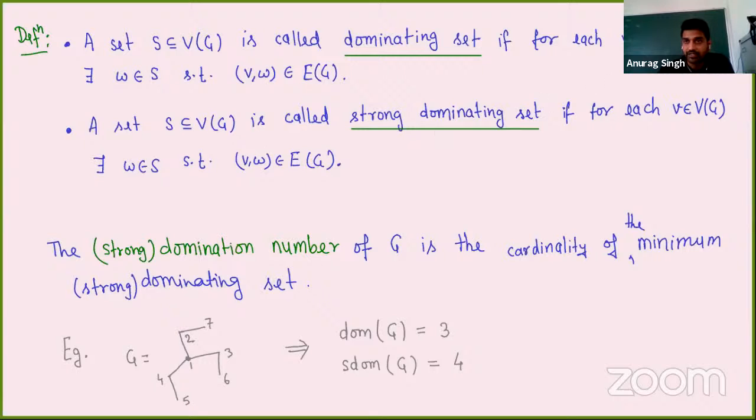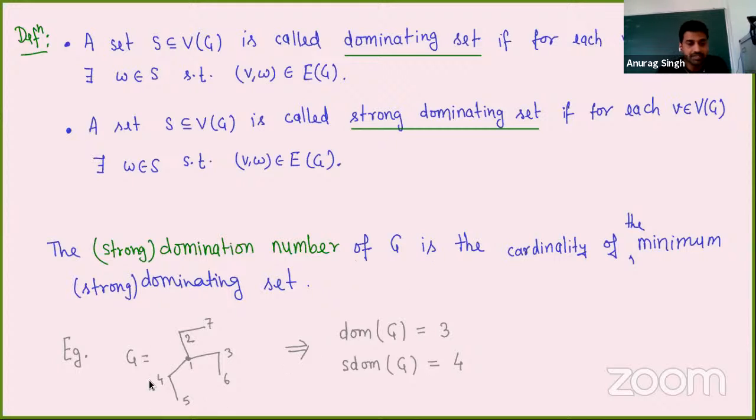dominating set is the set which dominates the whole vertex set of G. Mathematically, a set S is called a strong dominating set if for each vertex V in V(G) you have a vertex W in S such that V is adjacent to W in the graph. The domination number, as well as the strong domination number, is the cardinality of the minimum such set.